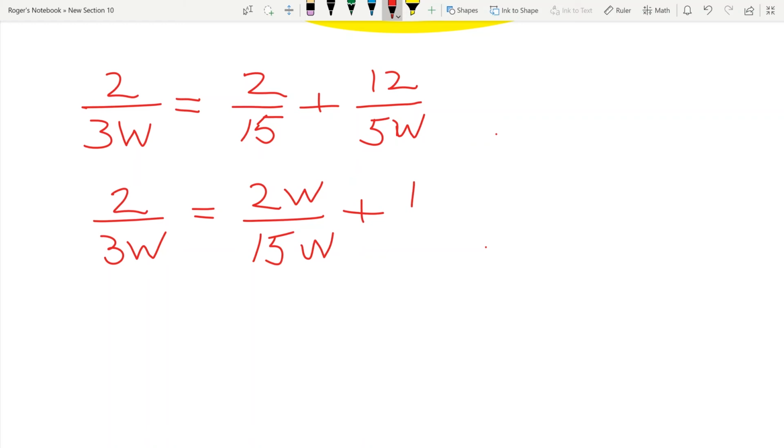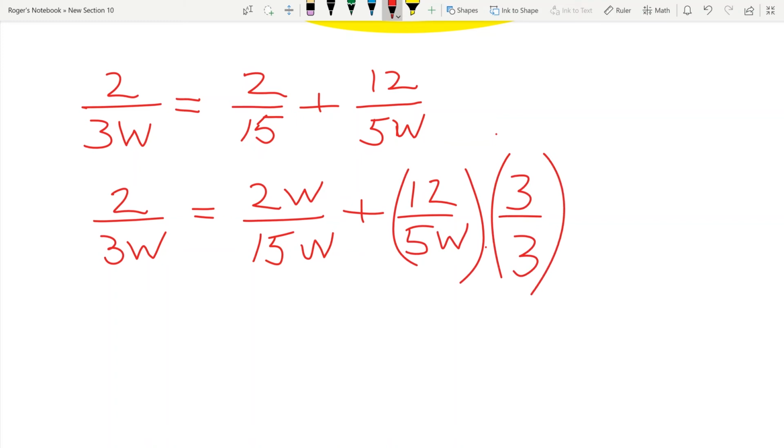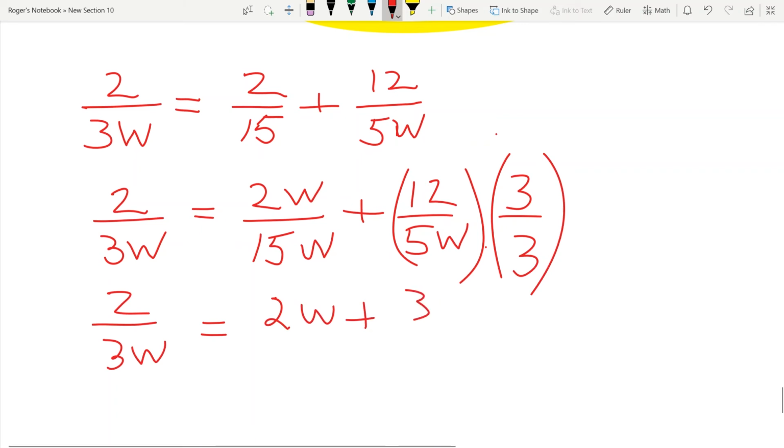So it's 12 over 5w times 3 over 3. Okay, so what is now left on the right? On the left, it's just 2 over 3w. On the right, we have 2w plus 3 times 12 is 36, all over 15w.